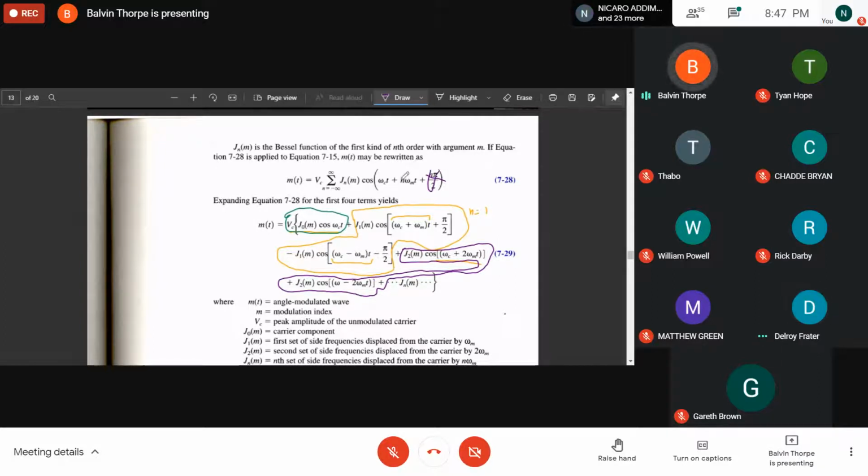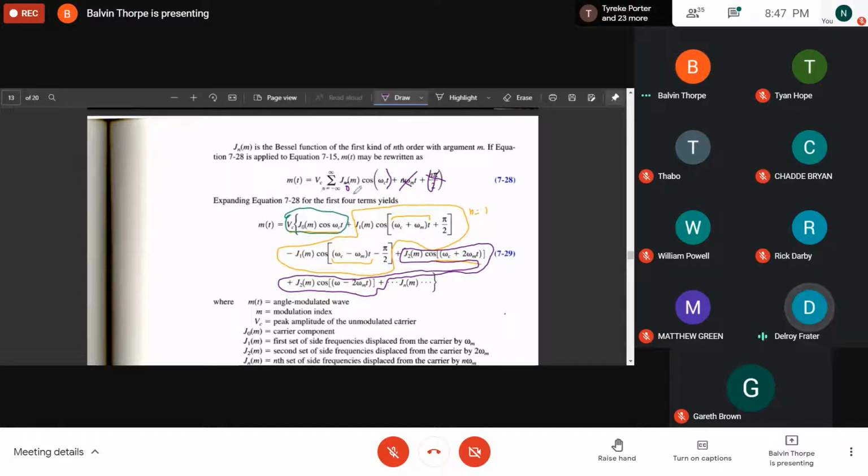And then when n is 0, this also goes. So all you're left with is just this, for n equals 0, cos omega ct, which tells you that this is really just a carrier. So there's no sidebands at that time.